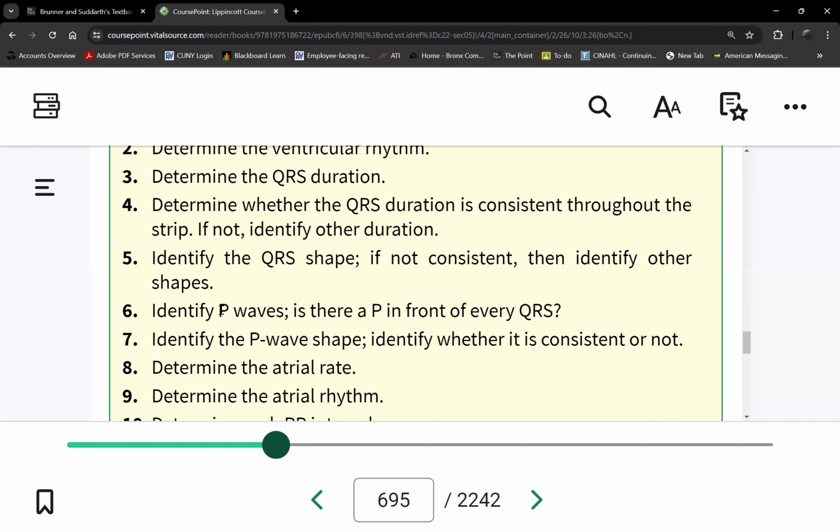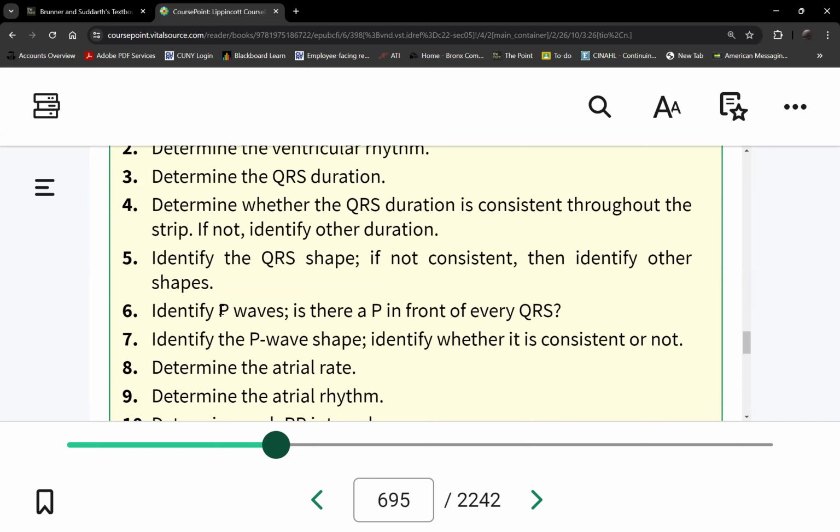Let me repeat. A P wave means 2 things. The SA node fired or initiated the impulse, meaning the heartbeat came from the SA node. And the left and right atria contracted.